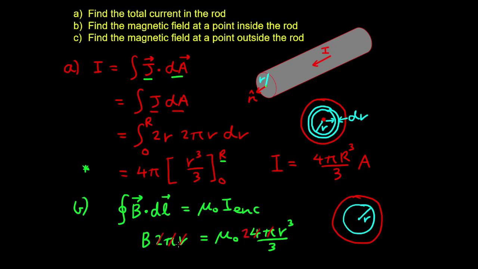And dividing through by r, then we get the magnetic field is equal to 2 mu naught by r squared on 3. And by the right hand rule, we know the direction of the magnetic field is tangent to the Amperian loop, going in the anti-clockwise direction, as the current is flowing out of the screen.